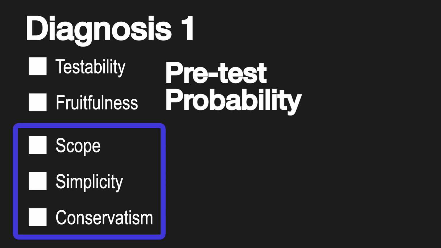For example, when a disease is going around, the pretest probability is so high we often ignore our tests. In April of 2020, the most wide-scoping, simple, and conservative explanation for a patient presenting with severe respiratory tract symptoms was COVID. We diagnosed it even when the antigen test was negative.